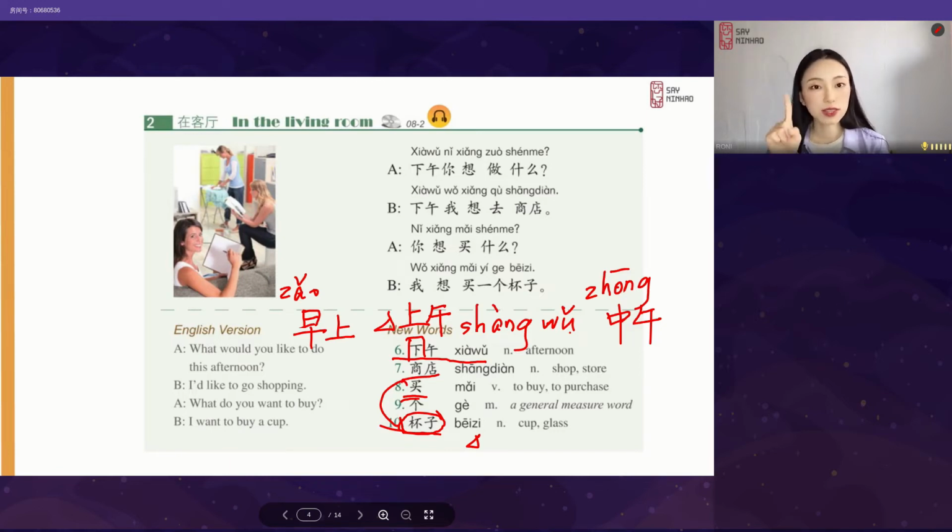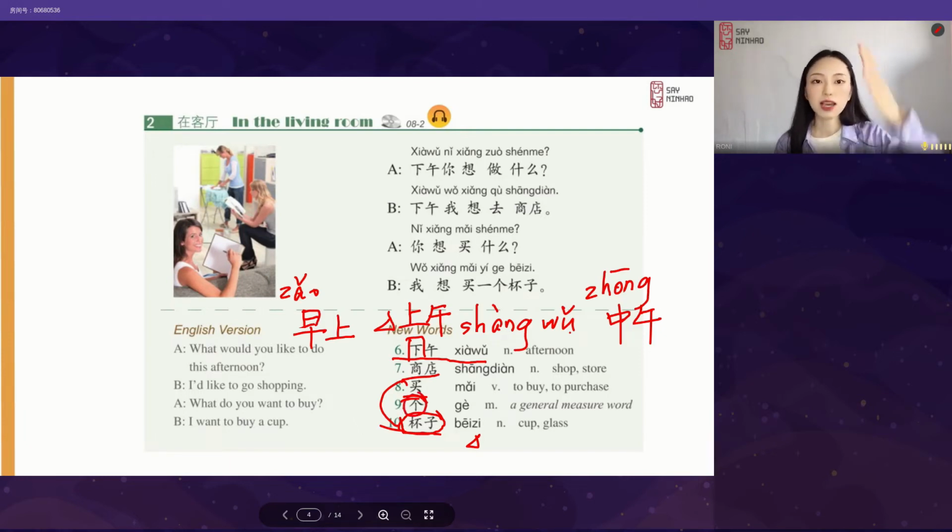We will use the number first and then put a measure word after it, and then the noun we want to describe. So, 1 cup. When we translate this into Chinese, it should be 1 measure word cup, right? So it is 一 measure word 杯子, and the measure word here is 个: 一个杯子.